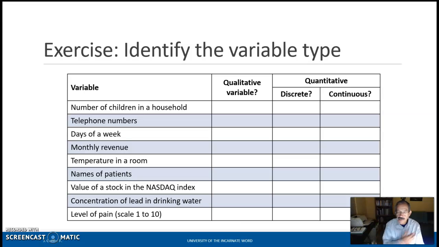So perhaps you and I have the same injury, and perhaps we are experiencing the same pain, but maybe you have more tolerance to pain than I do, and I may classify my pain as a 5, and you may say, oh no, it's just a 2. Or if I say my pain is 4 and you say 2, does that mean that I'm experiencing twice as much pain as you?